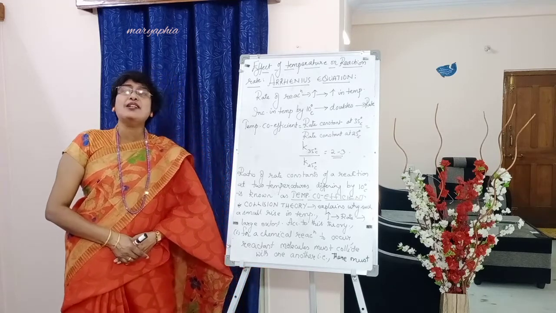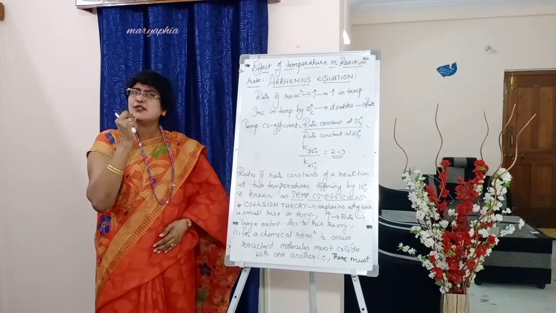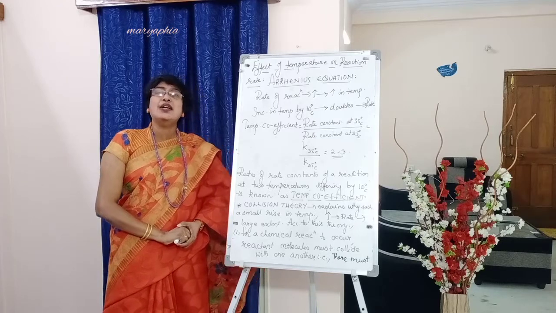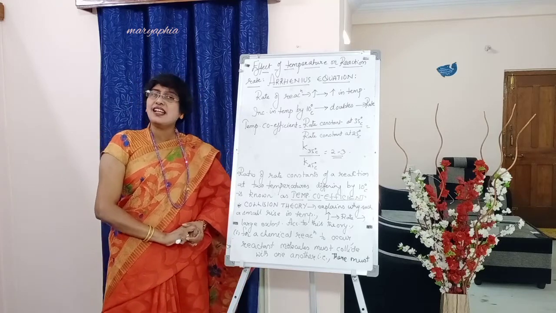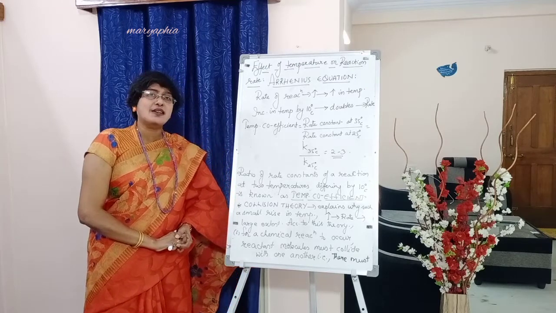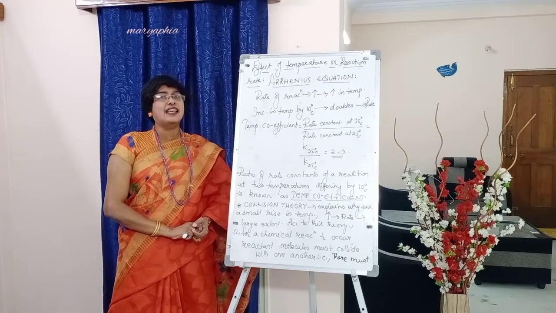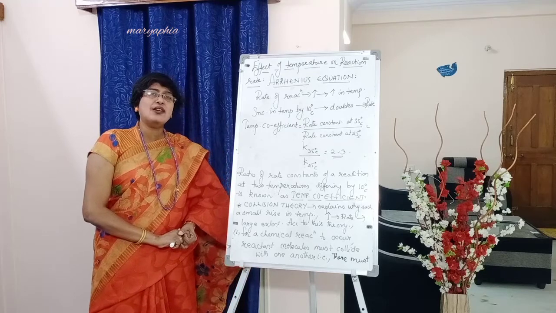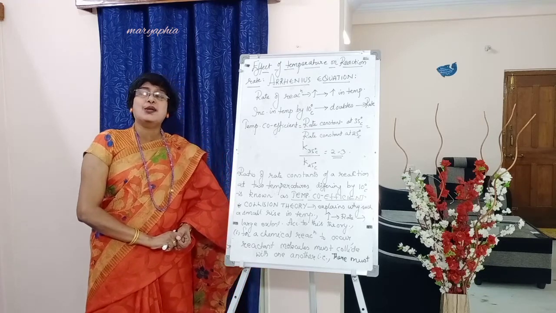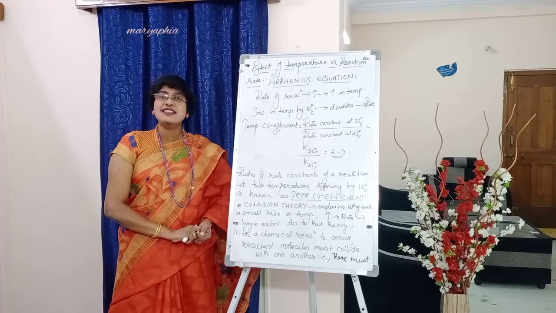So the rate of reaction doubles with just a small rise in temperature. For this we will come to know the reasons, and there are two theories to give the reasons. Okay, they are collision theory and Arrhenius theory. So basing on the points given by these two theories, we will derive the equation, that is, the Arrhenius equation.